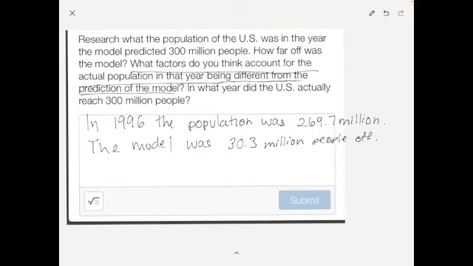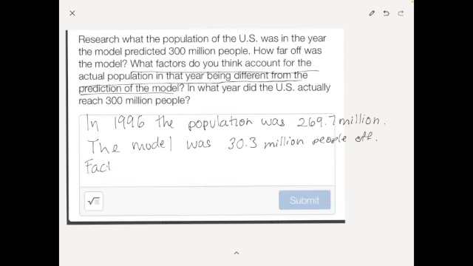For example, if there are more deaths for a while because of a war, for example the Vietnam War, that could affect the population size. The economy can also affect it, because if the economy is not doing super well, people are probably going to choose not to have kids, so the births might go down. There are all sorts of different factors that can affect a population size.